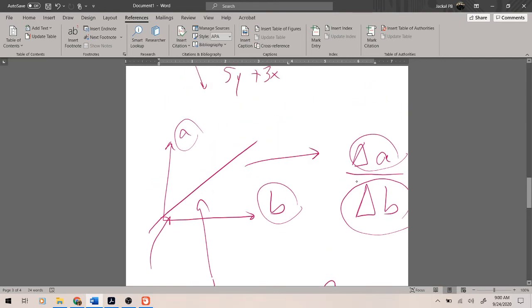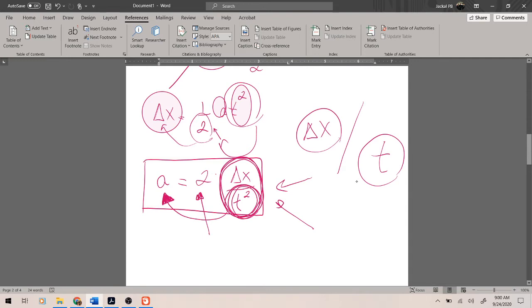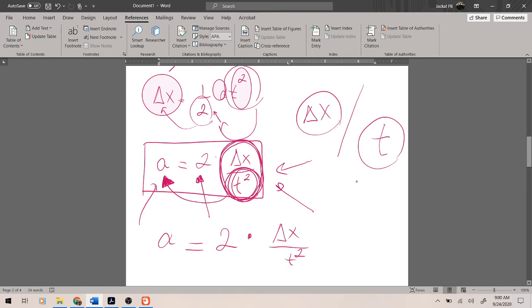Then, if we revisit our physics portion, this model tells me that a is equal to 2 times delta x over t squared. So what does that mean? If I can graph delta x to t squared, then I should expect a linear graph.